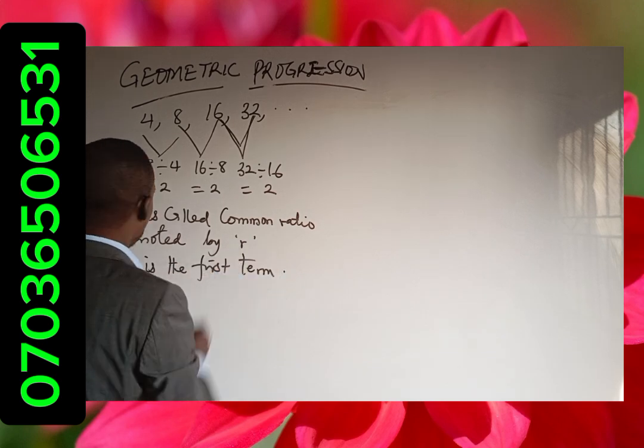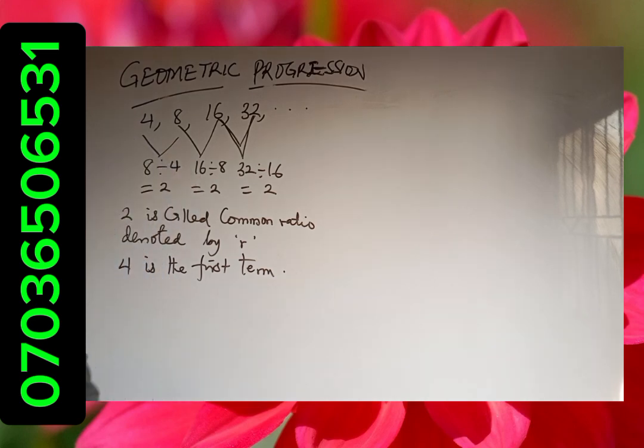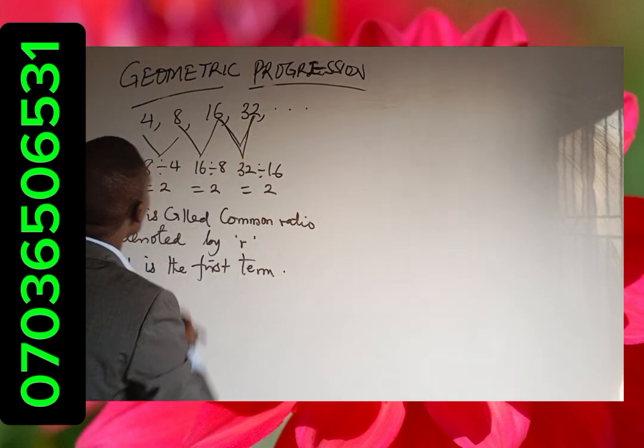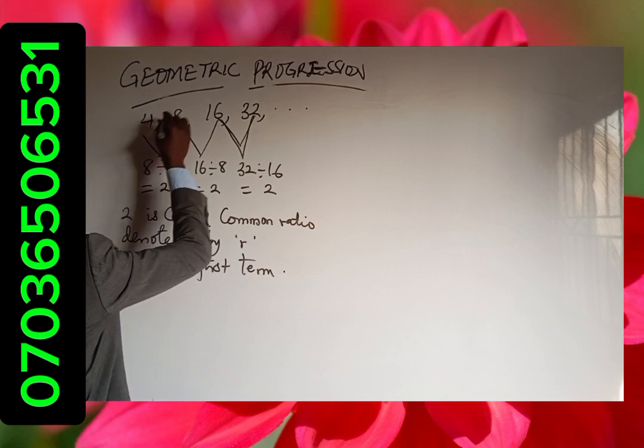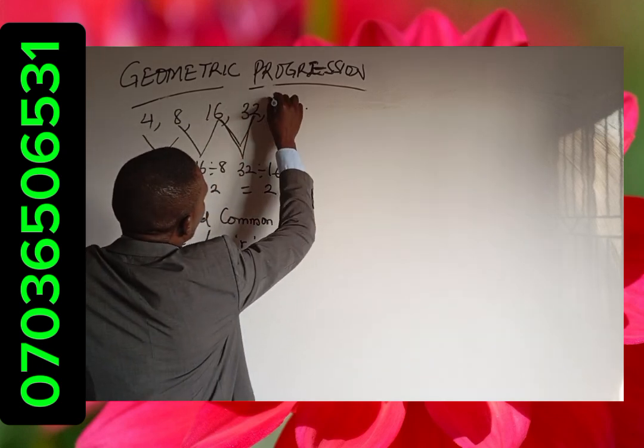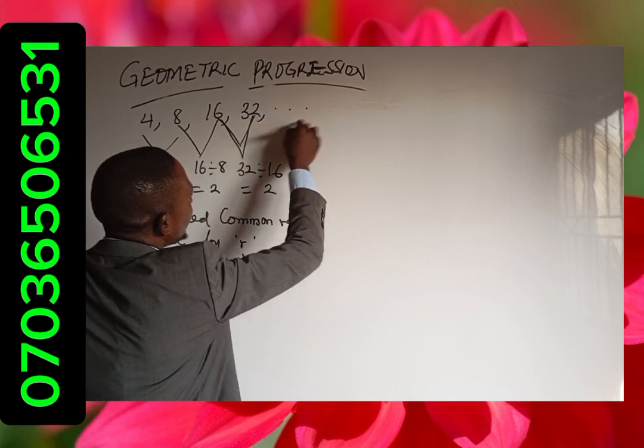Next thing is how to find the nth term of GP. For instance, this is the first term, second term, third term, fourth term. Now, we don't know the fifth, sixth, seventh term.